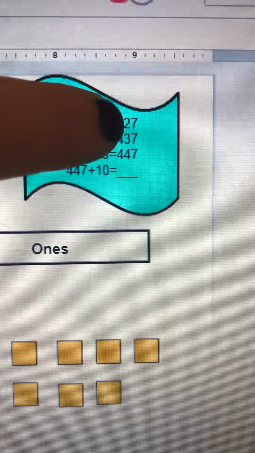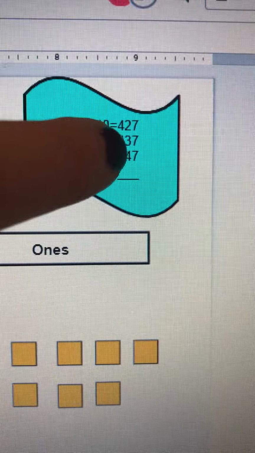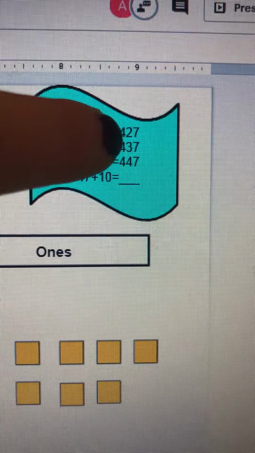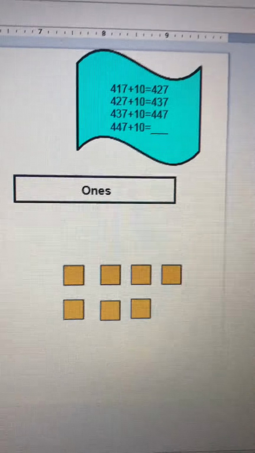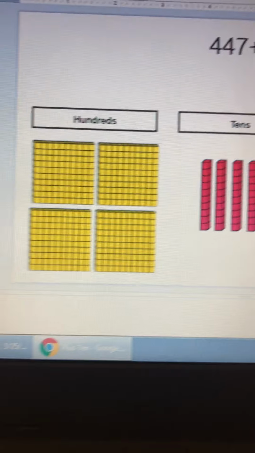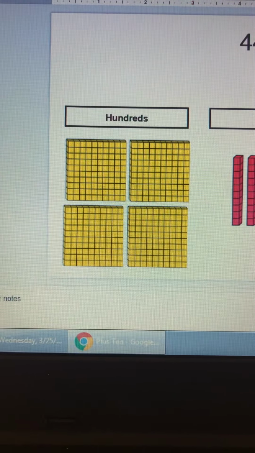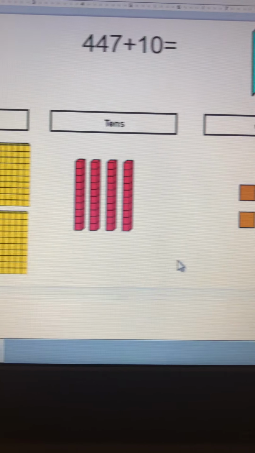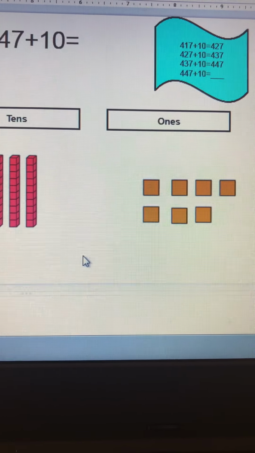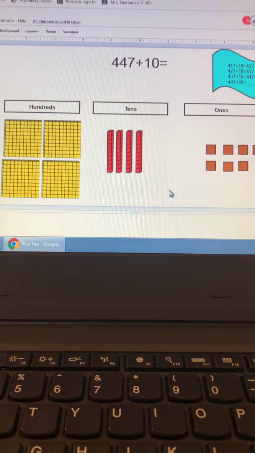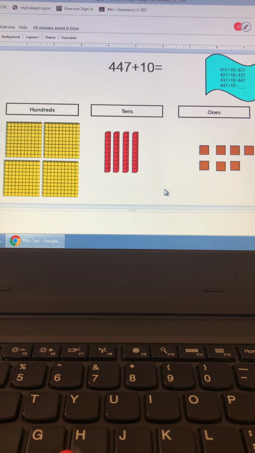And my 10's place value it's going up, but we like to say it is increasing by a 10. All right, now we have 447 plus 10. Here's my hundreds, my tens, and my ones. If I add 10 to 447, what is my sum?